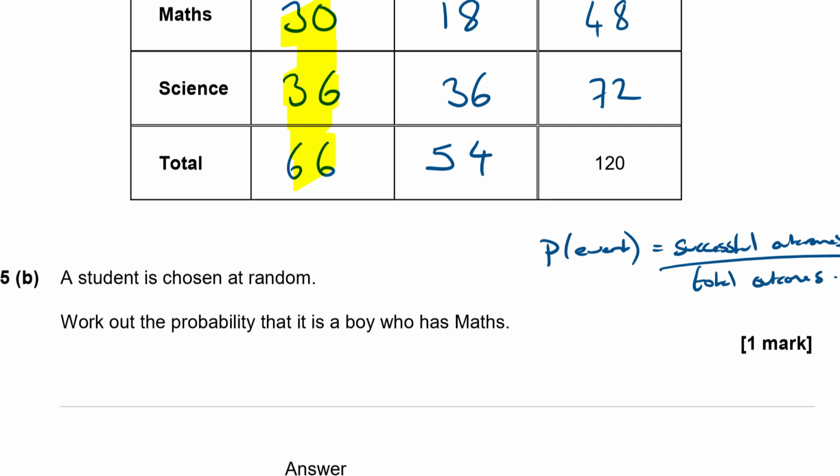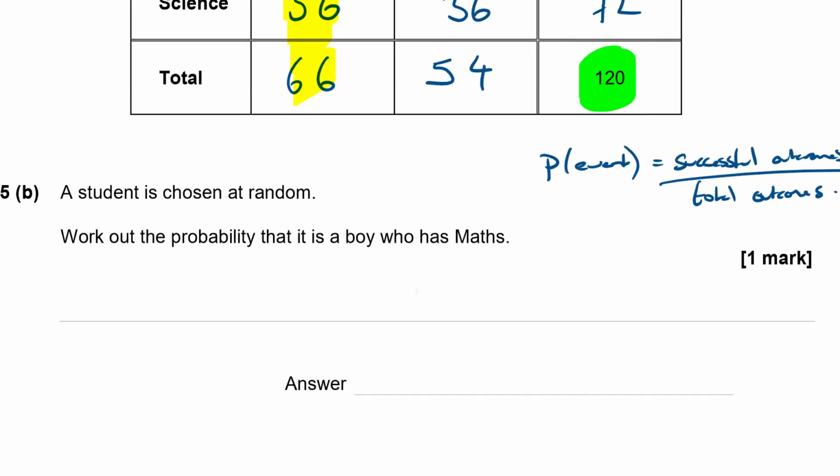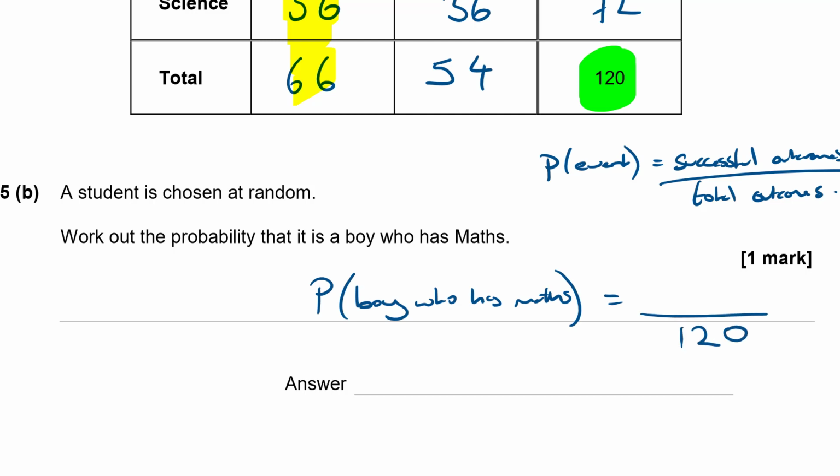Okay, so we are choosing a student at random from all of these students. So in total, there were 120 students, weren't there? Okay, so the probability of a boy who has maths is the total number of students I can pick from.